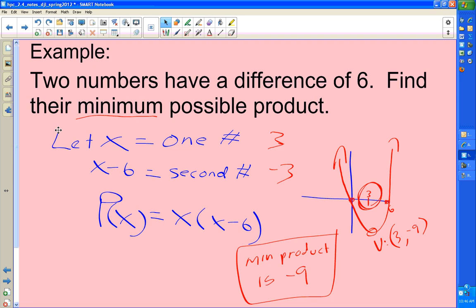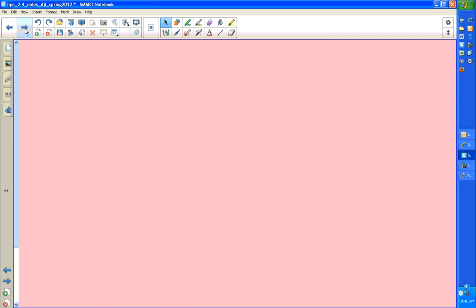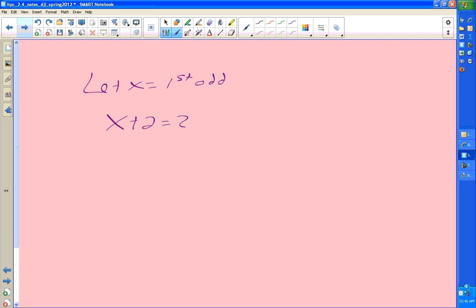X would be your first number, and x plus 2 would be your second. Let x equal the first odd, and x plus 2 equal the second odd. We're talking about consecutive odds.